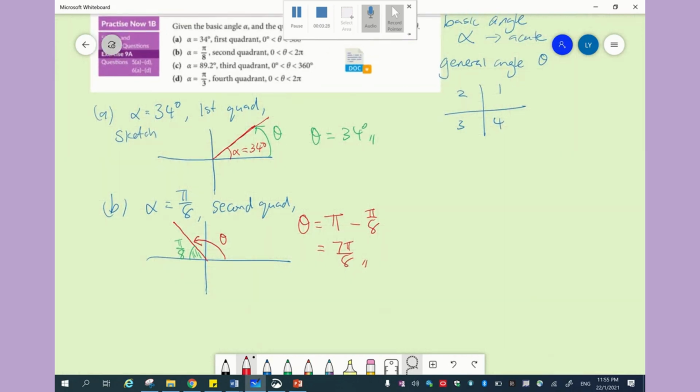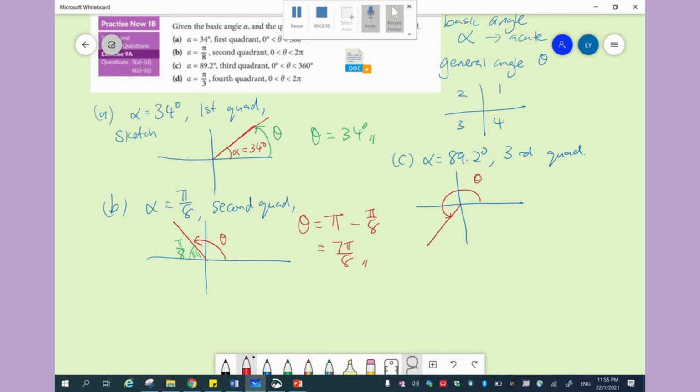Now let's look at part C. Alpha is 89.2 degrees, and it's in the third quadrant. So you do the same thing. You draw the coordinate axis first. Now your general angle is in the third quadrant, so your terminal side has rotated to here.